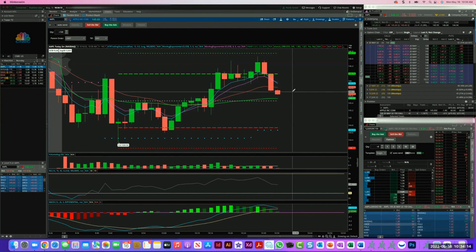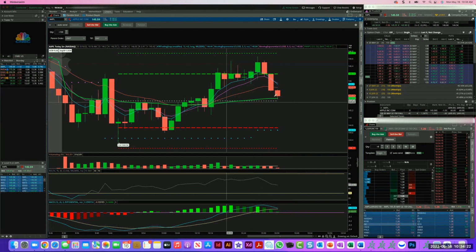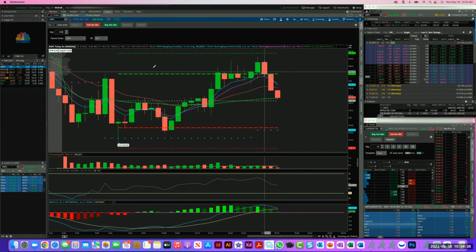So I think Apple's going to continue to move to the upside. But right now, I have swung completely to the other side. I don't think this move is over for Apple, but that's a lesson. When you hit that 10%, take the profit. Obviously, if it's higher than 10, then for sure. But that's for your total account value, not for the trade.